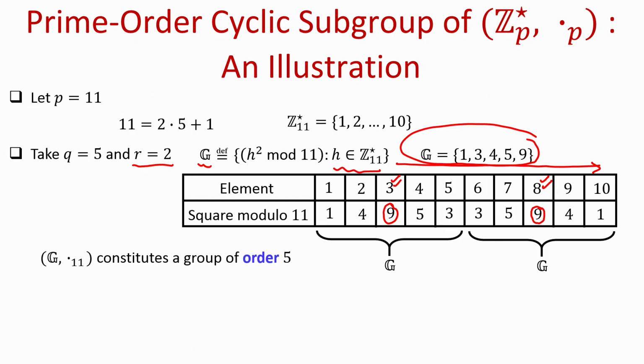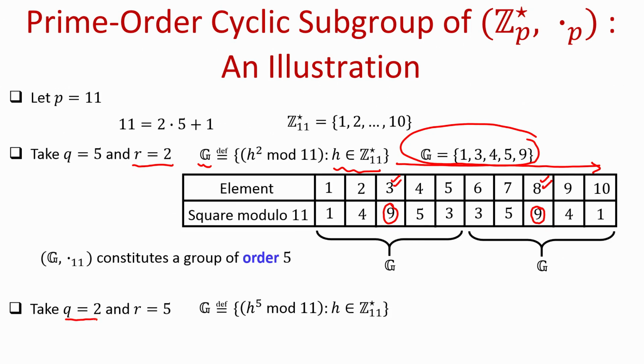And it is easy to see that the subset 1, 3, 4, 5, 9 along with the operation multiplication modulo 11 constitutes a group of order 5. You can verify that. In the same way, for the same example where p is equal to 11, I can take my q to be 2 and accordingly r will be 5.